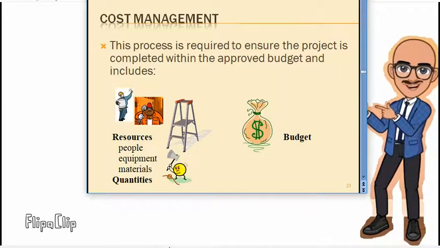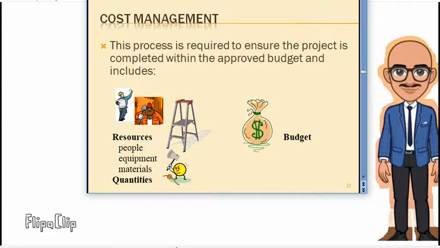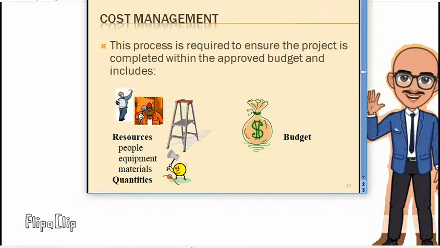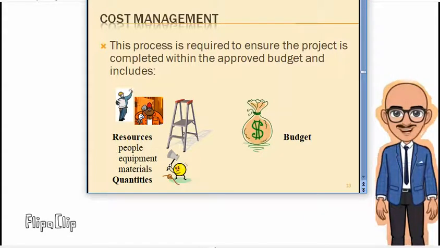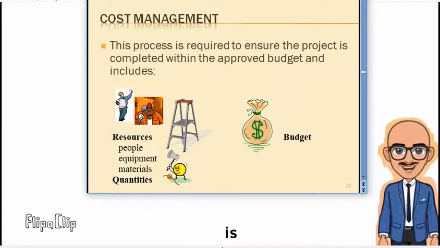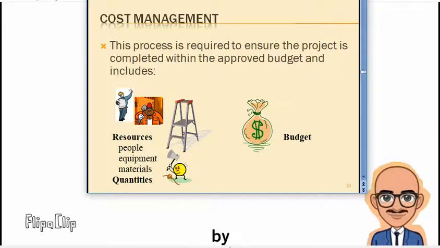So cost management means managing the resources, and also managing the quantities of the resources. As we have said, 20 people will be required, and instead of 20 people, if you are using 25 people, obviously you have to pay their wages, and the budget will increase, the cost will also increase.